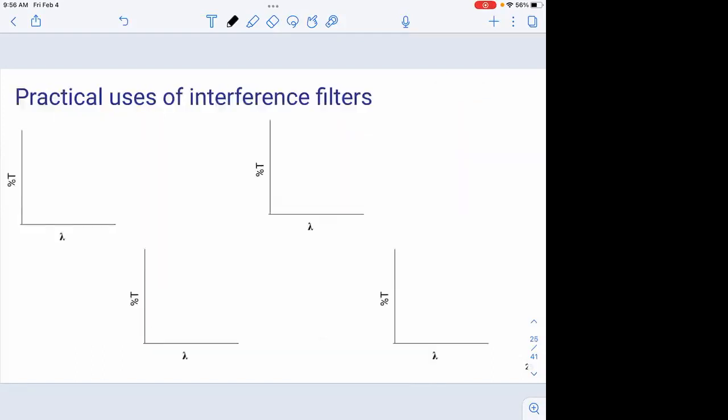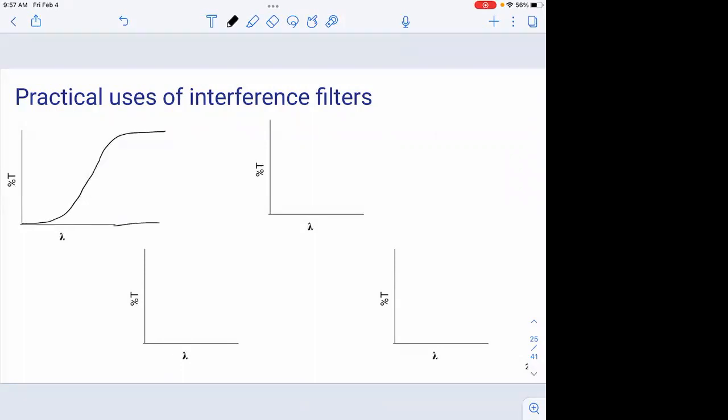All right. So practical uses of interference filters. There are 4 main uses of interference filters that are common in optical spectroscopy instruments. All of these plots have percent transmitted plotted as a function of wavelength. So in the first one, I'm going to show you this shape.